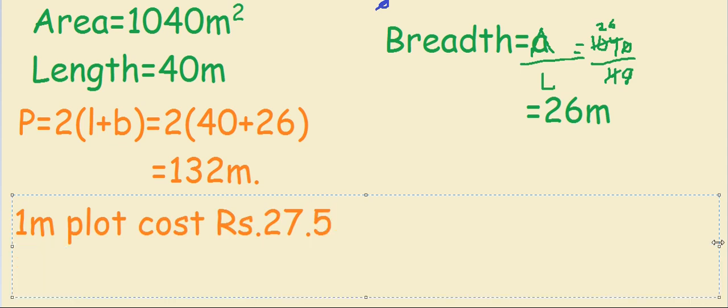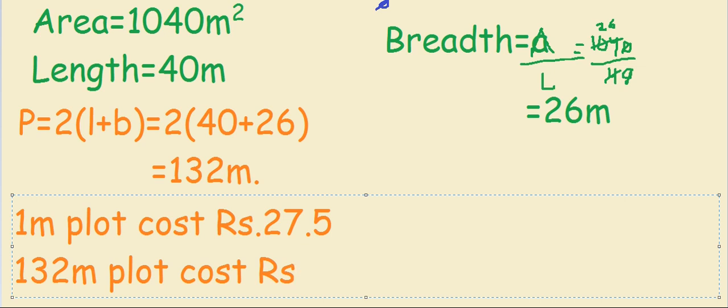So in the next step I will write 132 meter plot cost rupees 27.5 into 132. So 132 into 27.5, once you multiply these two, you are there with the answer.